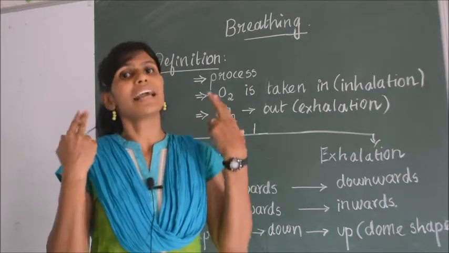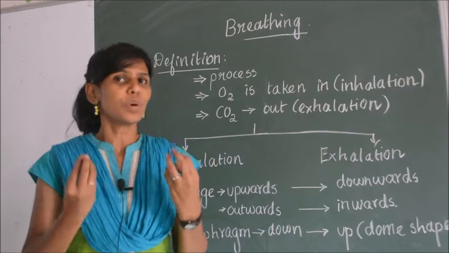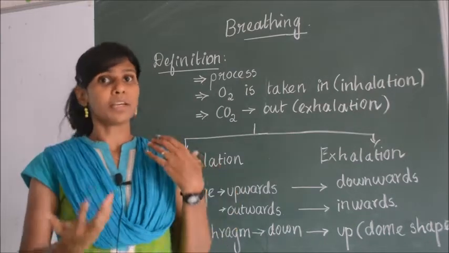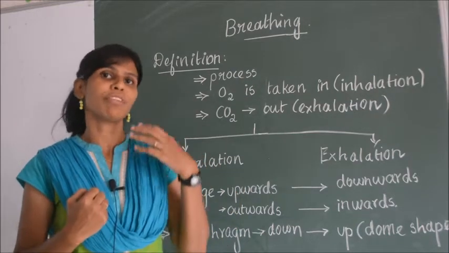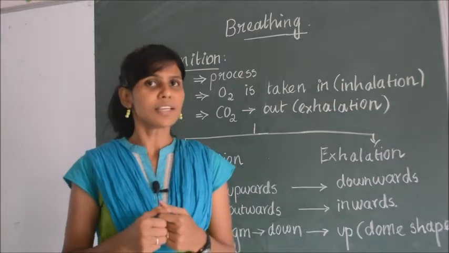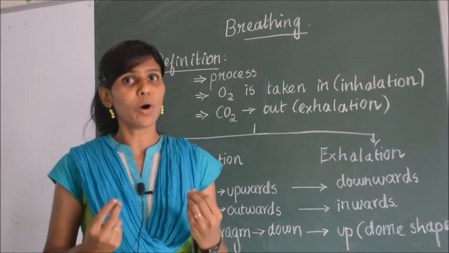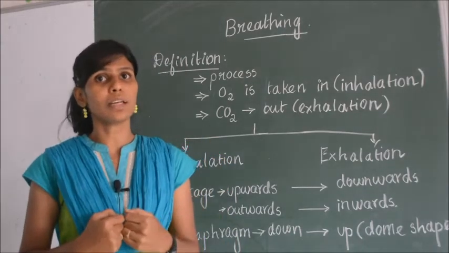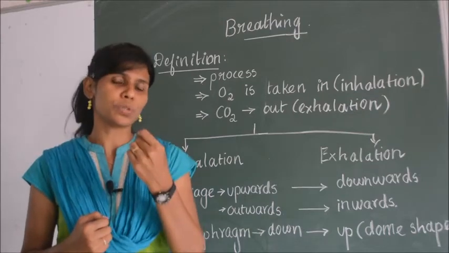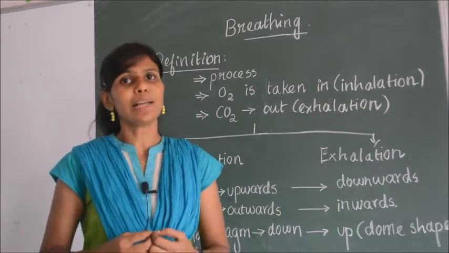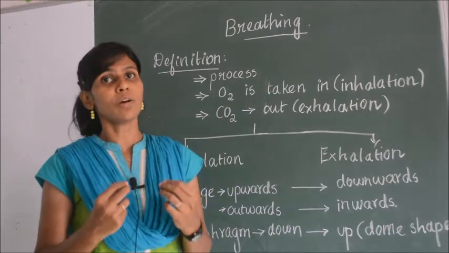Inhalation and exhalation. So through what source do you take in oxygen? From the atmospheric air, right? Through which part of your body will the oxygen enter? Through your nose. Nose is technically called nostrils.